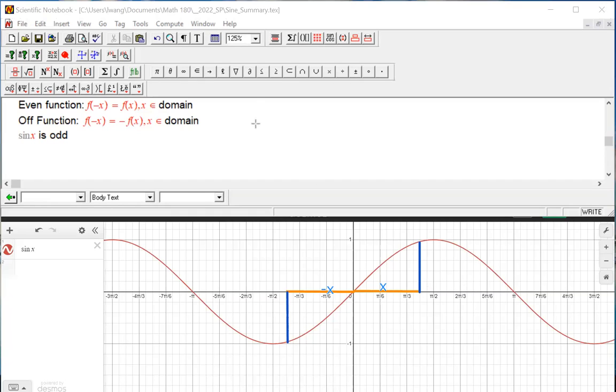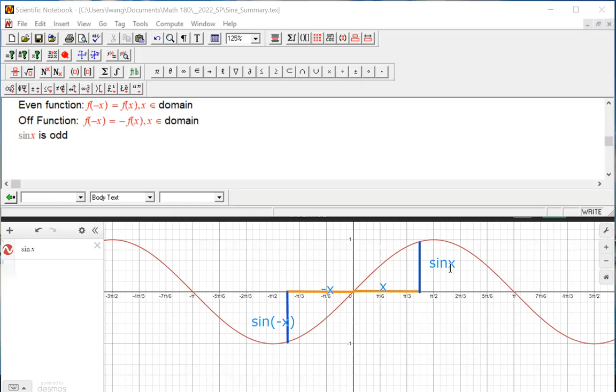So this is f of x, sine x, for input x. And the other piece is sine of negative x. They are opposite to each other. Opposite to each other means that if I flip one of the blue pieces over the x-axis, we will get exactly the other one.